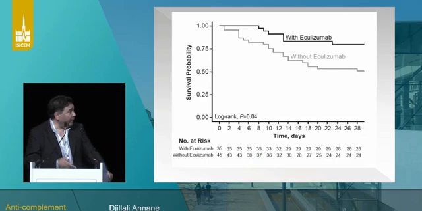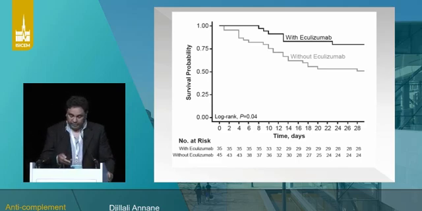So the main outcome was very, let's say, encouraging, because in this non-randomized trial, we found a remarkable reduction in the death rate at day 15, and also patients who were in the control group were dying more rapidly than the treated patients.